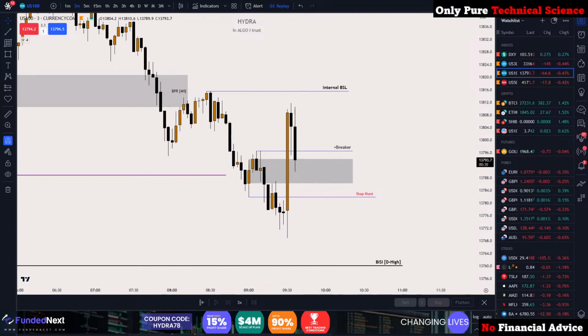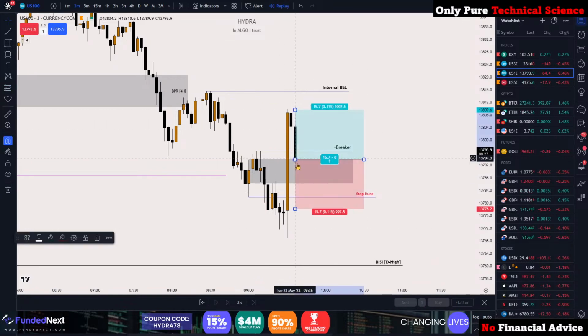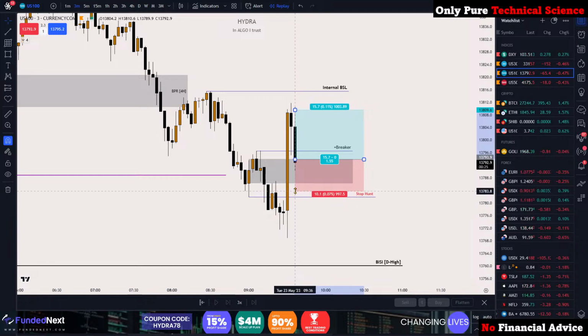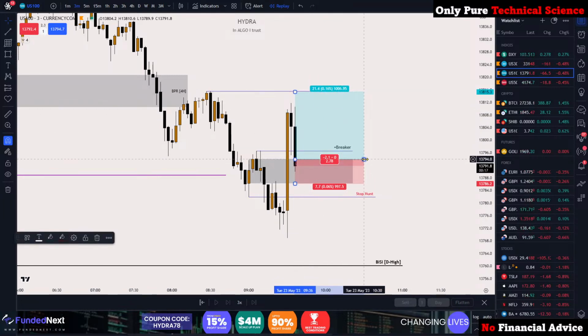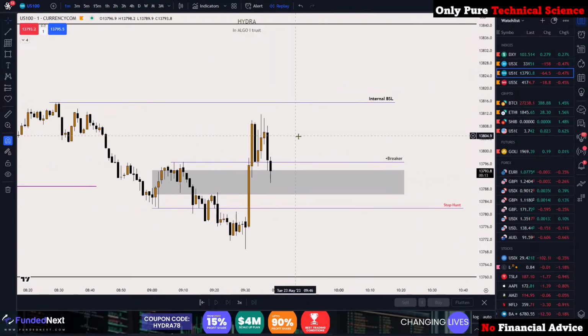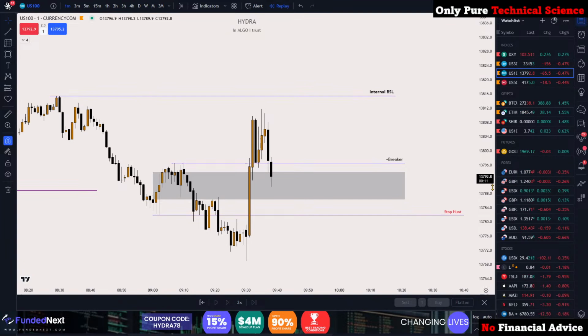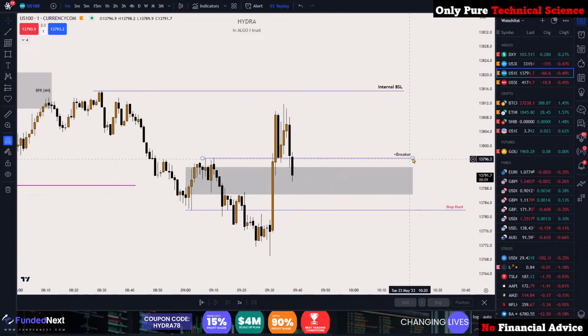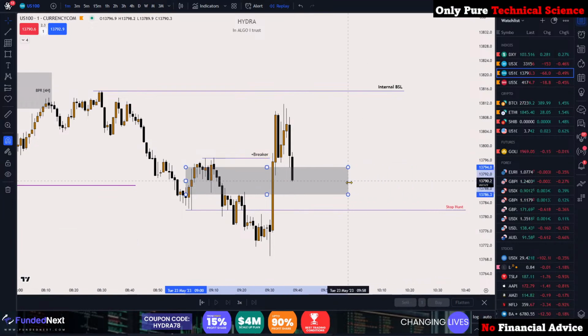Okay, so the trade idea, I'll not take this trade, but I'll tape read it. Trade idea will be something like this. Okay, stop loss below this low, target here. Let's see what price does. It's not a high probability setup, so don't push the button.